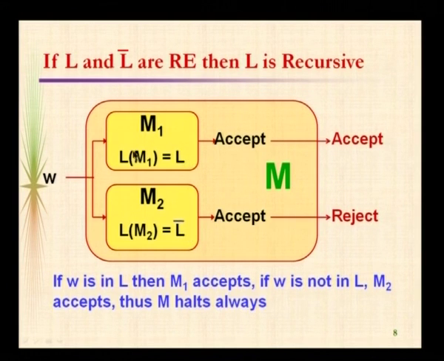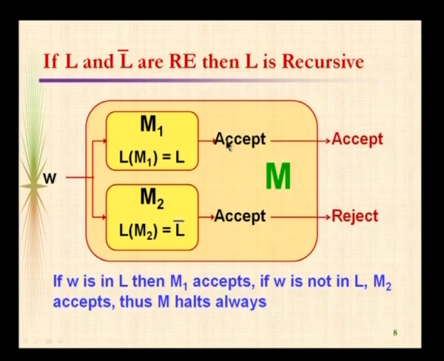So what do we understand here is, if the input W is given to both, that means M1 meant for L and M2 meant for L's complement, then an accept output from M1 is telling that W is accepted by M1, and an accept output from M2 is telling you that W is not there in the language L, or it is saying that W is there in L's complement.